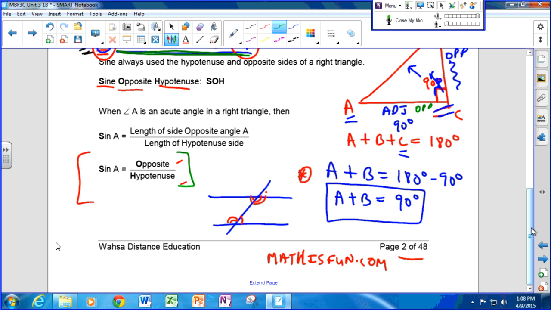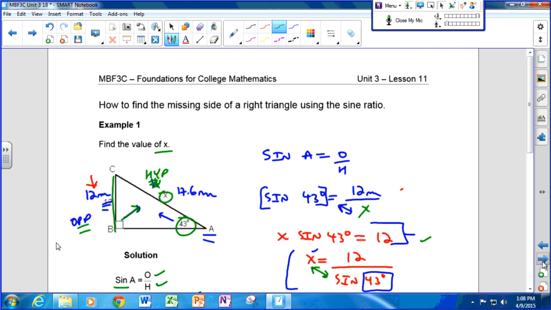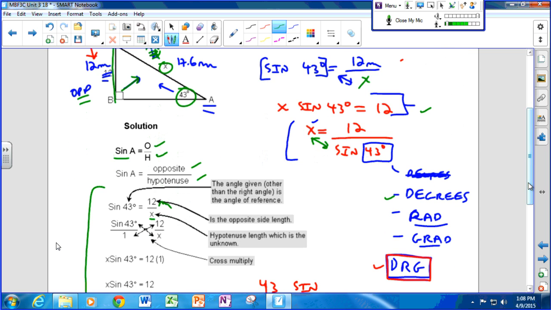Now the sine ratio, it's the SOH in SOHCAHTOA. So sine is opposite over hypotenuse. Now the sine of an angle is just a ratio of the two side lengths. But we can actually use that in a couple of ways.